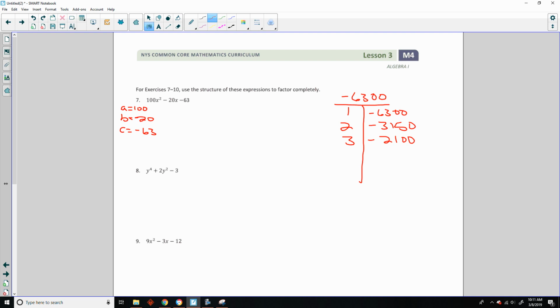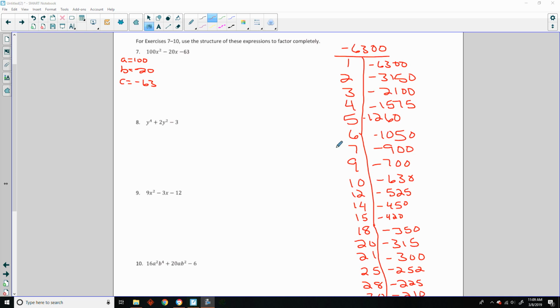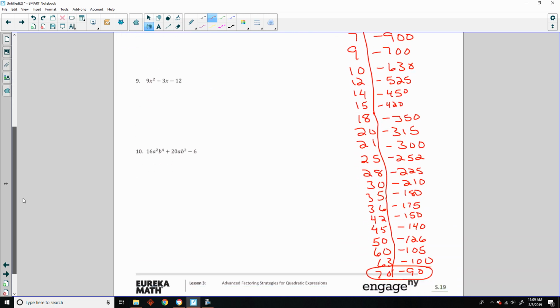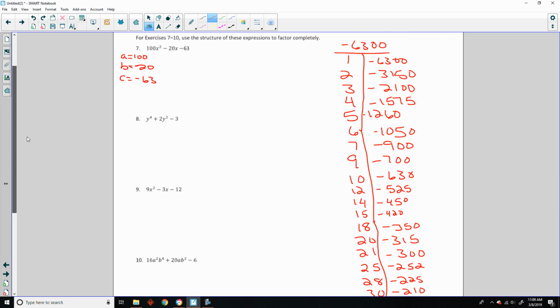Okay, so I did this behind the scenes, even though my beats method, factors of A times C that add up to B, works every time. Sometimes it's a lot of work with really large numbers. 100 and -63 resulted in a really large product. And I did this with the calculator behind the scenes, and I finally got down to the difference of -20 right there, 70 and -90.